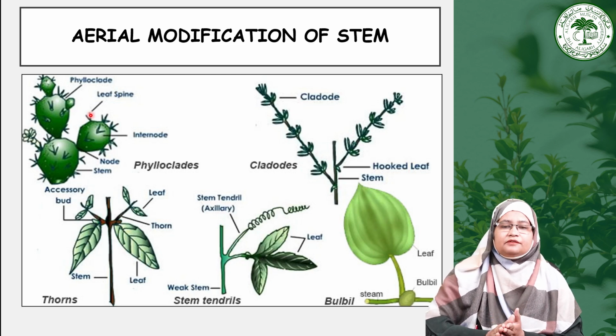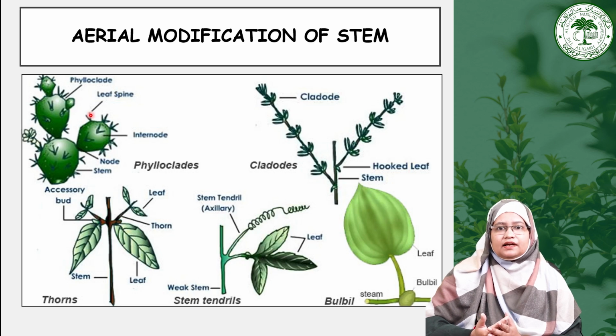The flat stem performs the work of photosynthesis, because this is an adaptation for xerophytic plants due to scarcity of water. As you know, the transpiration rate is maximum from the leaves due to the presence of stomata.